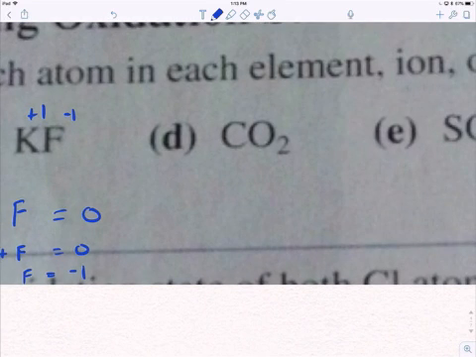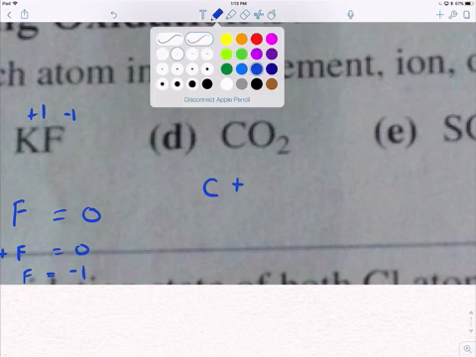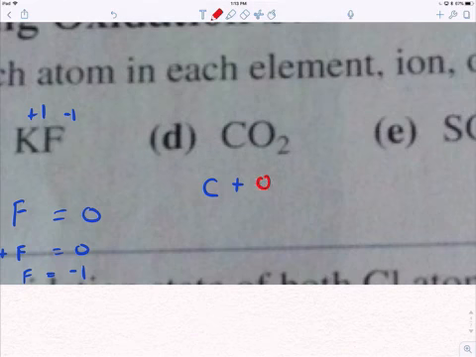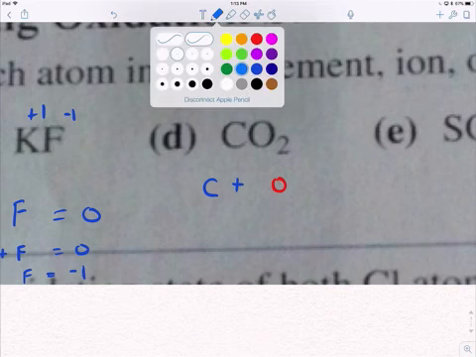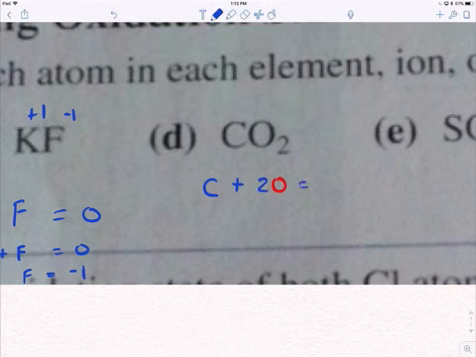CO2. The oxidation state for carbon plus the oxidation state for oxygen, the sum is equal to 0. So carbon plus 2 times the oxidation state of oxygen is 0.